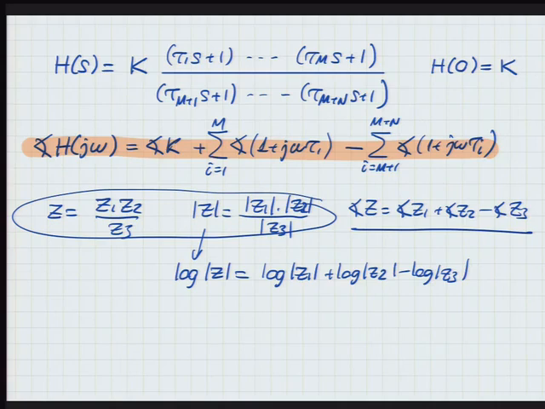All right? So both phase and magnitude are obtained by adding simple Bode plots for a single pole, single zero, or constant gain. Add them up, and you get the Bode plot for something as complicated as this.